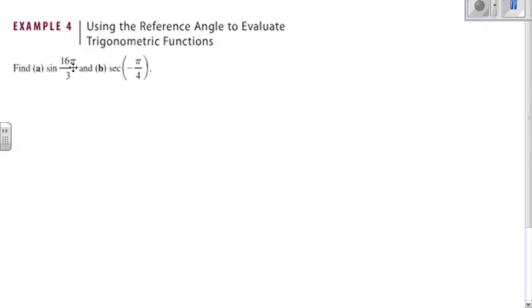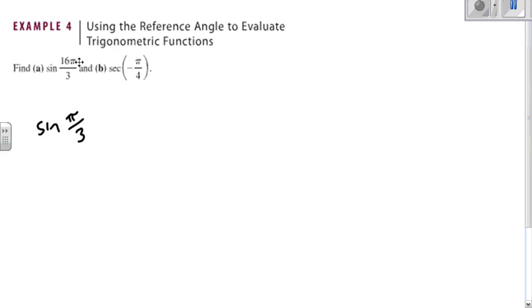Find sine of 16 pi over 3. Since it's over 3, we know that that's the important part for our reference angle. For every 6 pi over 3, which would be 2 pi, it goes around the circle once.